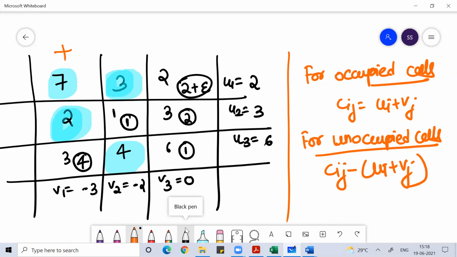Clear, everyone? So now you can see all your allocations are giving you positive values.